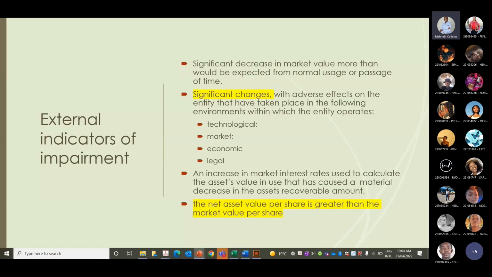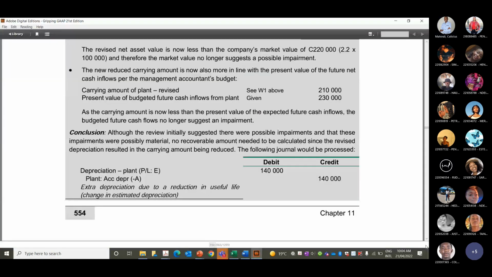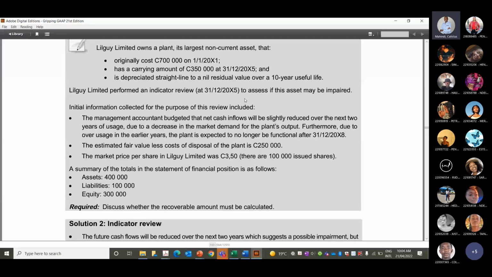If you look at the next question, example 2, it is exactly the same, but some figures are changed. And because some figures are changed, the conclusion in 2 is that the recoverable amount needs to be calculated, all right, because of the factors that were there.